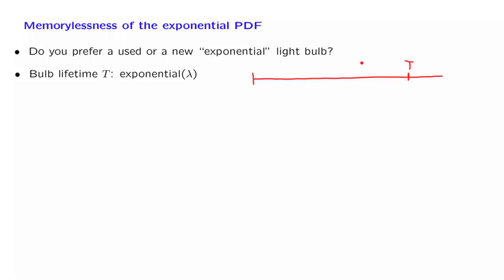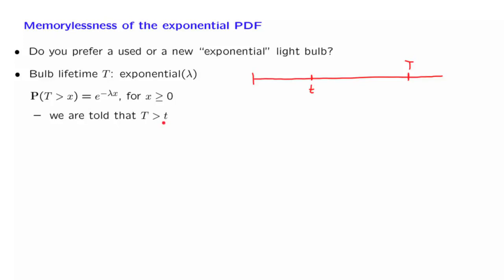In one of our earlier calculations, we have shown that the probability that capital T is larger than some value little x falls exponentially with that value x. We are now told that a certain light bulb has already been operating for t time units without failing. So we know that the value of the random variable capital T is larger than little t.